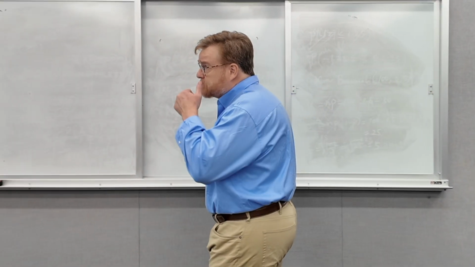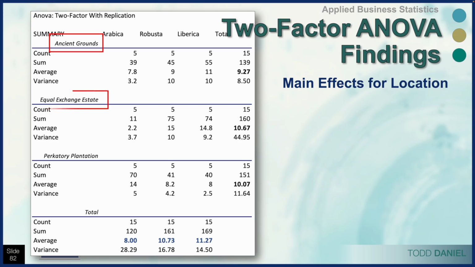Let's take a look at our findings. We are first interested in the factor 1 main effects for location. We can see the means for each location. For Ancient Grounds, the mean is 9.27. For Equal Exchange Estate, it's 10.67. And for Purgatory Plantation, it is 10.07. Those means are different, but are they statistically significantly different?